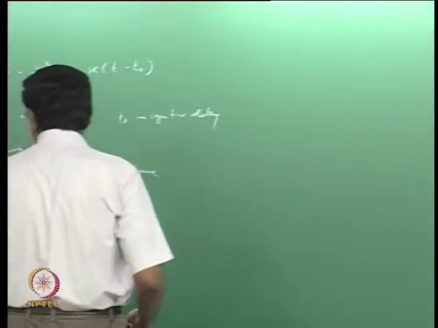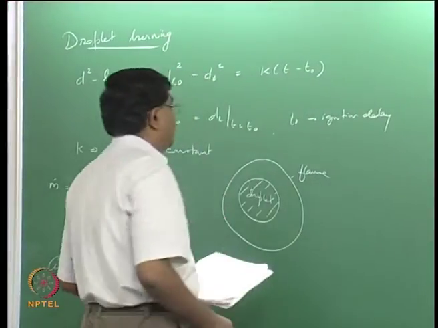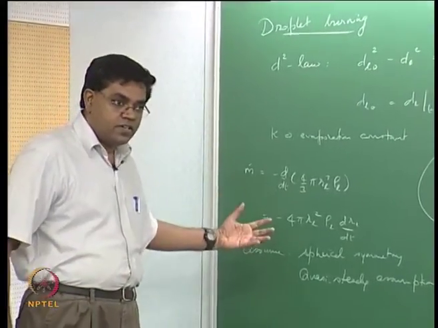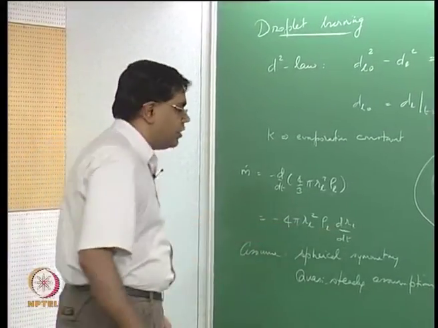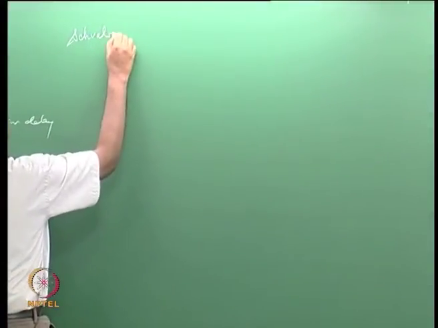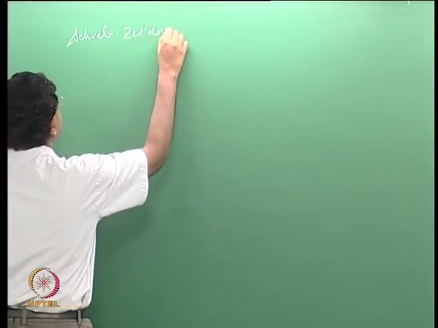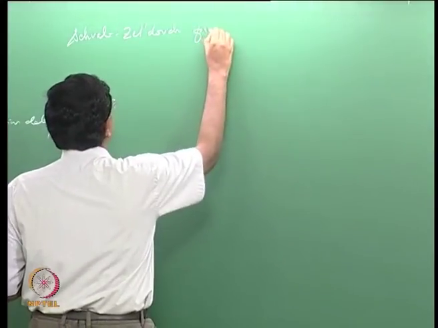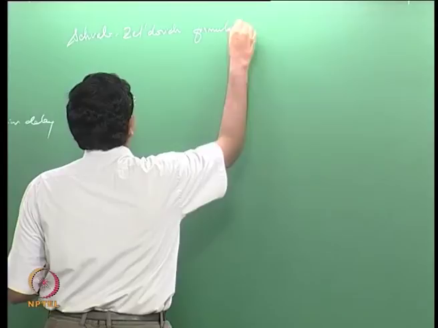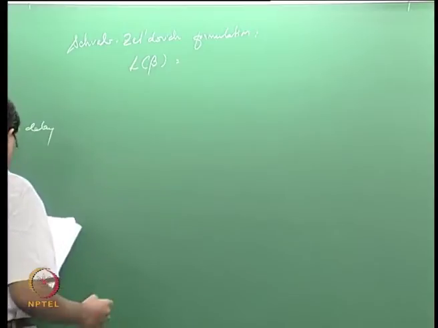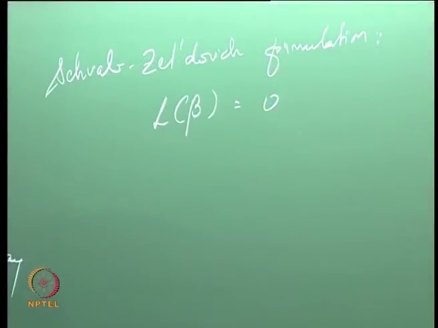So we now start with the Schwab-Zeldovich formulation. The Schwab-Zeldovich formulation has its assumptions, including a steady state, which we just articulated. The formulation is the operator L of beta equal to 0, where beta is the coupling function.